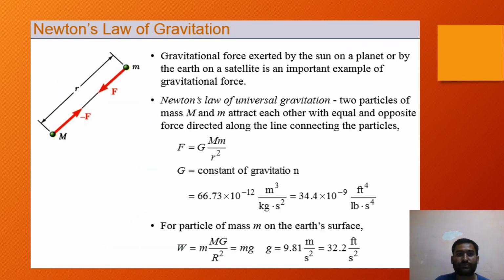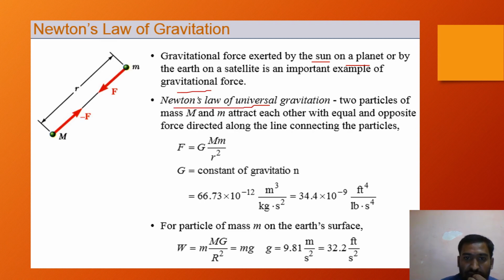Let's move on. Here, what I want to tell you is Newton's law of gravitation. The gravitational force exerted by the sun on a planet, or by the earth on a satellite, is an important example of gravitational force.